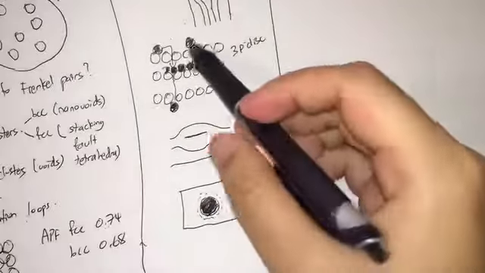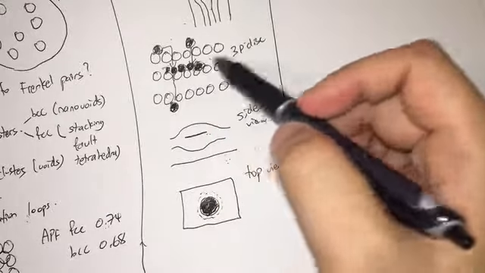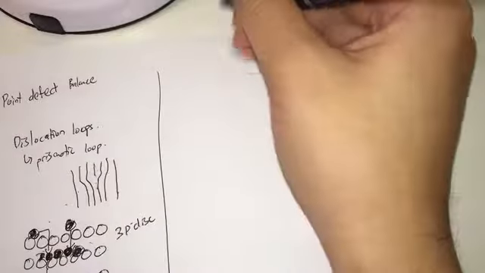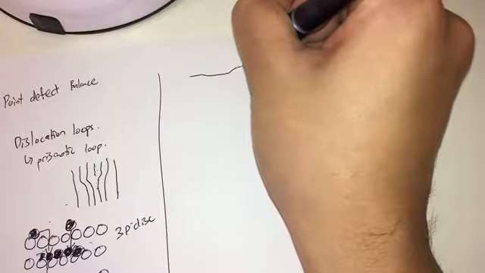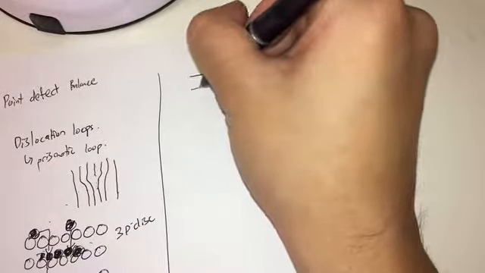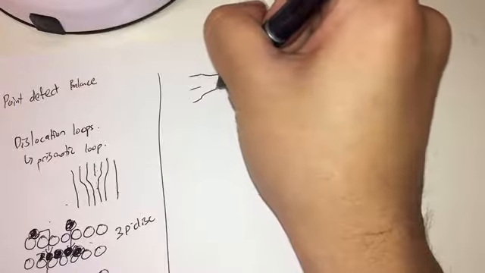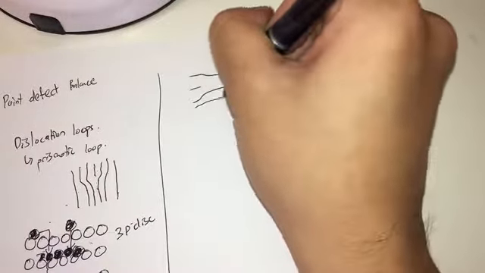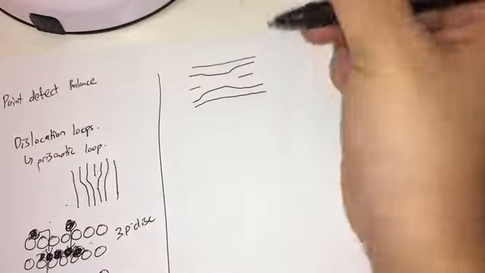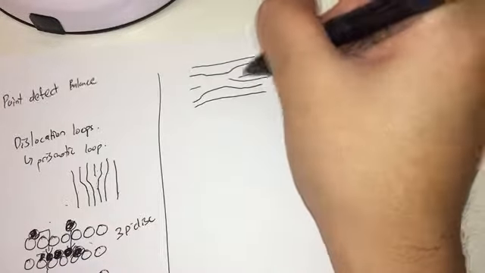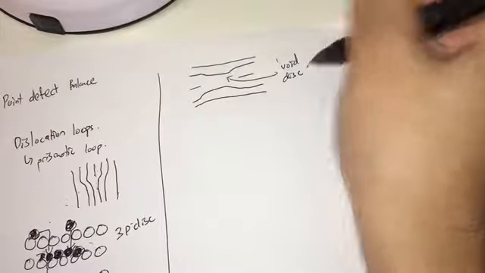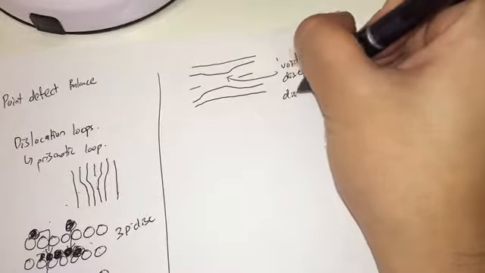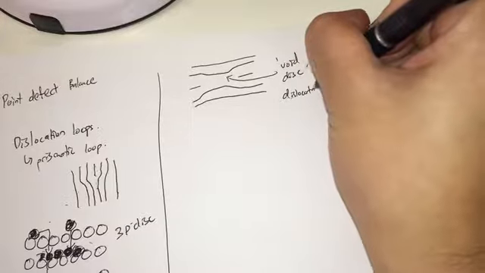So for vacancies, you can form a void. Okay? An equivalent thing can happen, you can form a void. So you have something like this. Okay, so there's a void disk, which, the proper name is, again, a dislocation loop.